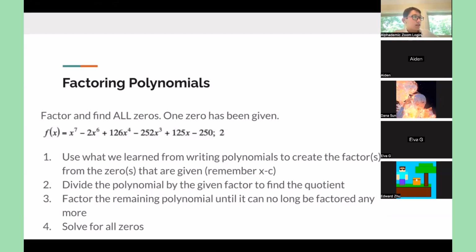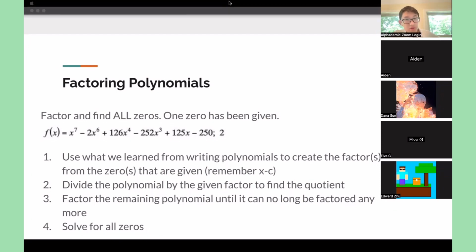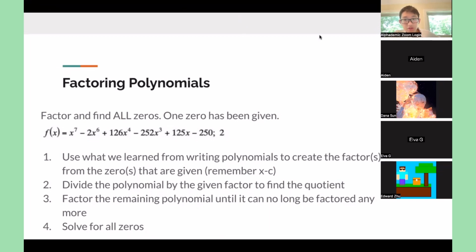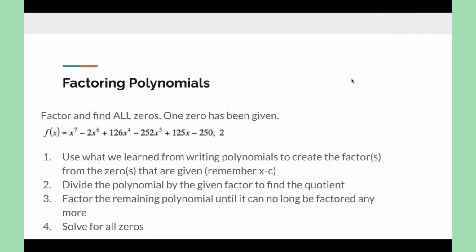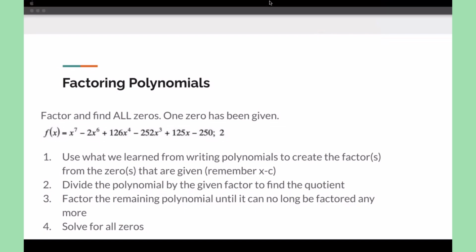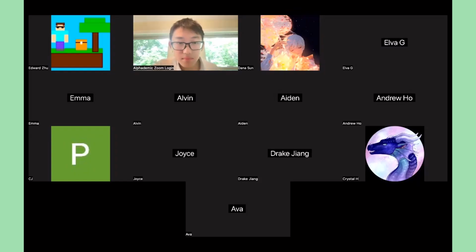This looks very daunting at first, but it's really about just breaking it down. There are a few steps to follow when trying to solve. First, when the zero is 2, of course, we know that the factor is x minus c. Then divide the polynomial by the given factor to find the quotient, factor the remaining polynomial until it can no longer be factored, and then solve for all zeros.